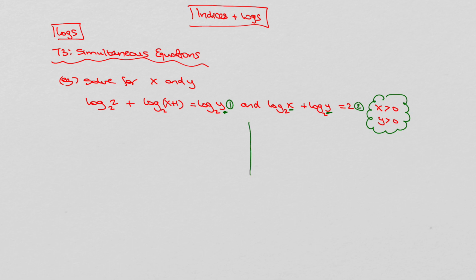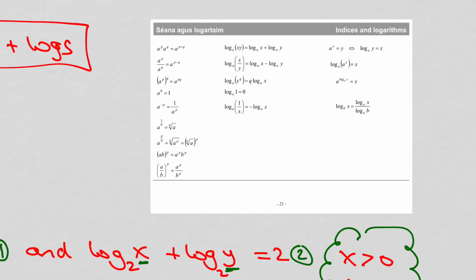And I'm going to separate my page in half here, and I'm going to work with one equation at a time. So I'm going to have to make log 2 to the base 2 and log x plus 1 to the base 2 equals log y to the base 2 into a single log on the left and a single log on the right. Now I know by looking at page 21 in my maths tables that if I'm adding my logs, I'm going to multiply.